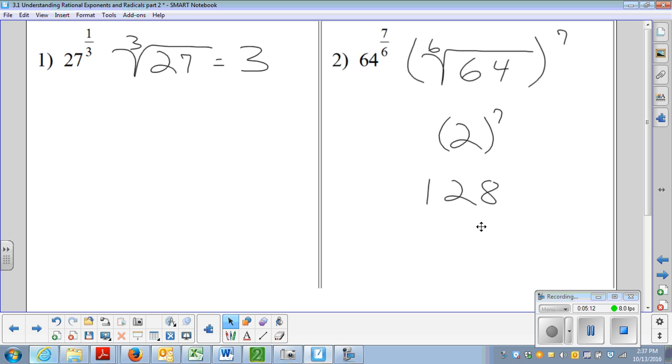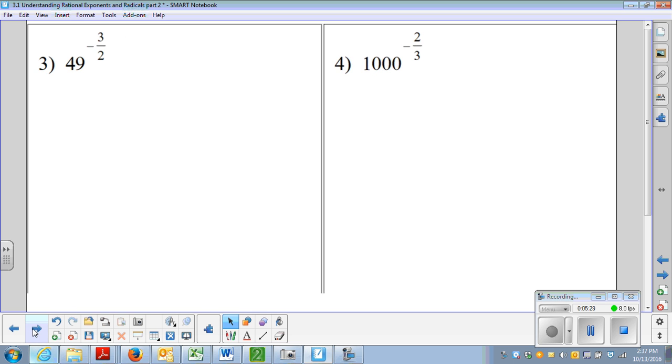Okay. Now I want to show you some examples with negative exponents. And it's very similar, except you're going to drop the whole expression below 1. Let's take a look at an example. Okay, here we have 49 raised to the negative 3 over 2.